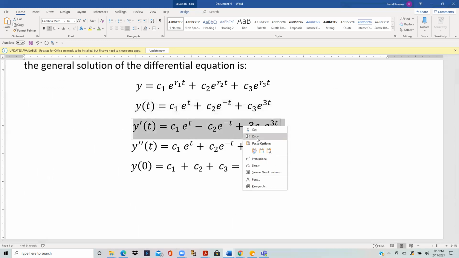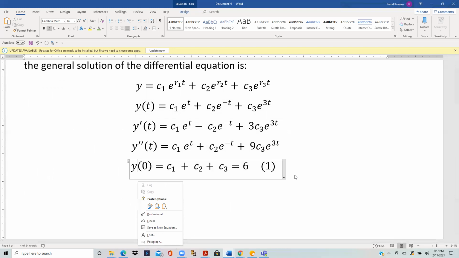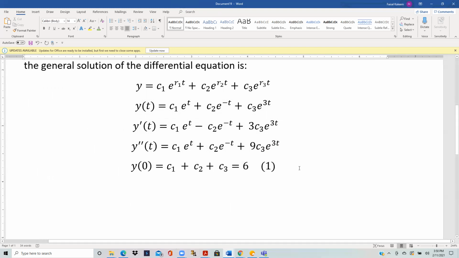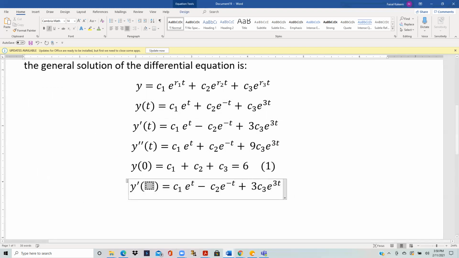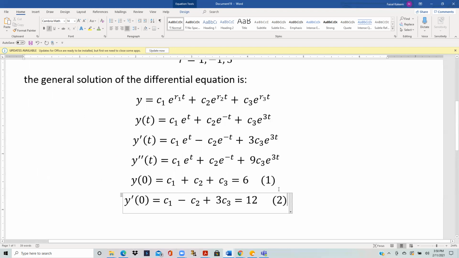So y prime 0, this will go, this will go, and this will go too. And that's equal to 12. And then y double prime 0 is 30.